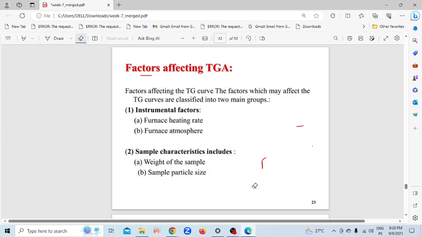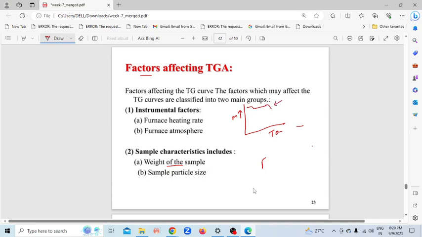Then sample characteristics include the weight of the sample. The weight of the sample is very important. Why? Because if you are taking a very small weight, suppose this is mass loss versus temperature, only a very small mass loss will occur.